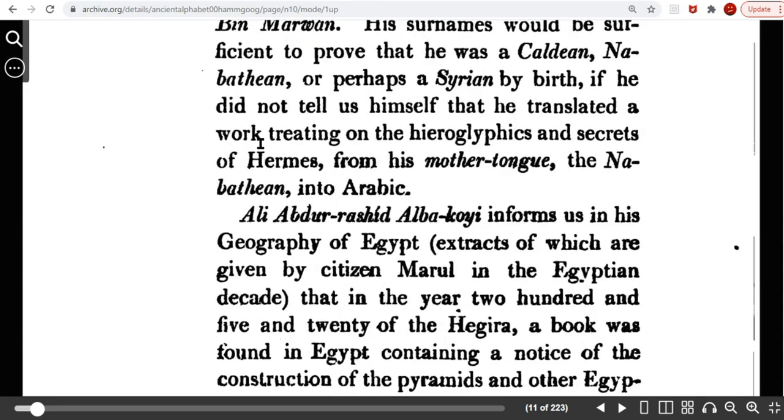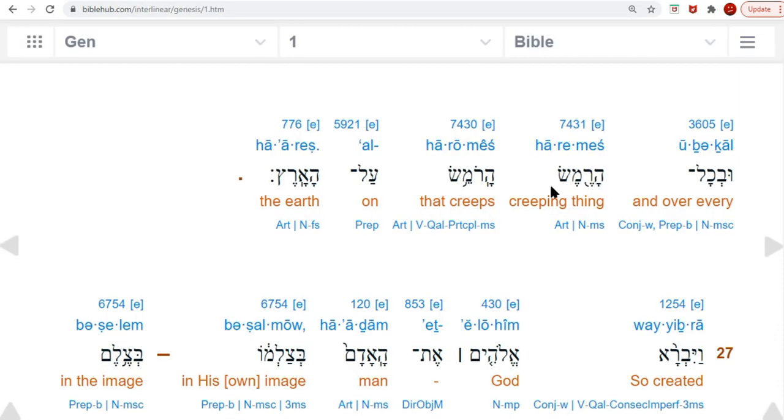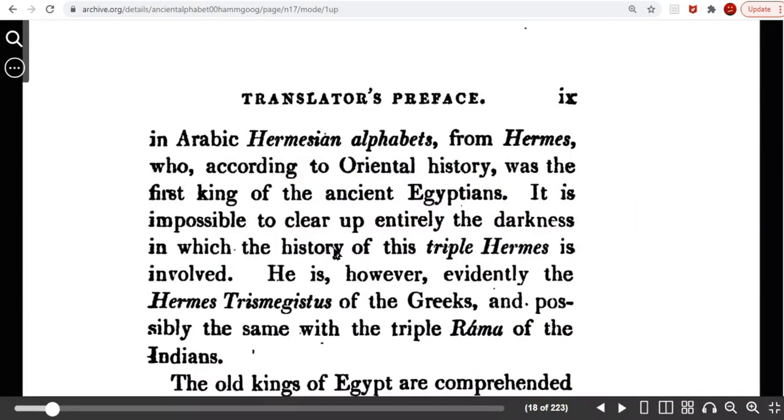Translated a work treating on the hieroglyphics and secrets of Hermes from the mother tongue of the Nabatean into Arabic. Hermes is the creepy crawly things on the first page of the Hebrew Bible. Hermes, creepy crawly things. The Hermes, ERMS, same word. Hermes was the first king of the ancient Egyptians.